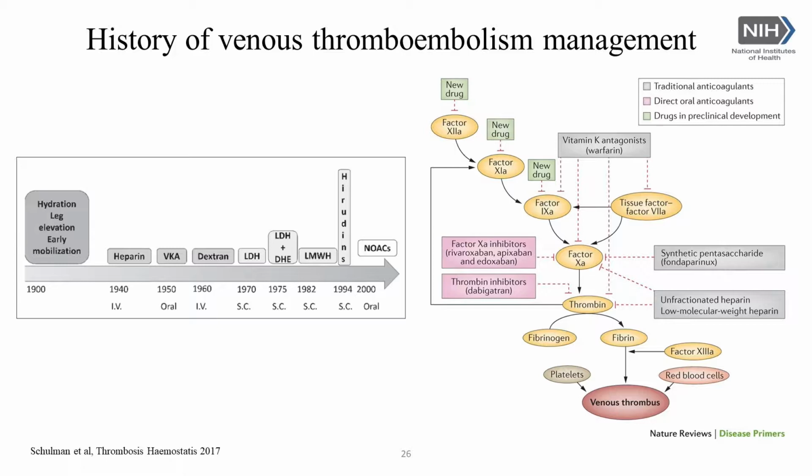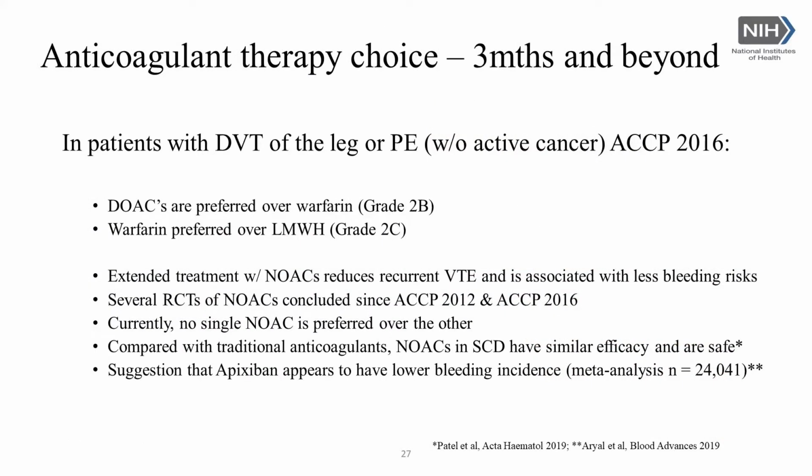So the answer for this patient is, if we go by the ACCP guidelines, in a patient with a DVT or a PE without active cancer, the NOACs are preferred over warfarin as a grade 2B recommendation. And the reason they say that is the efficacy is almost similar.